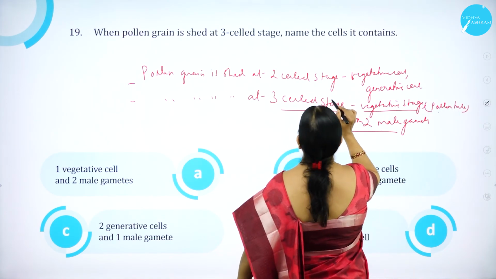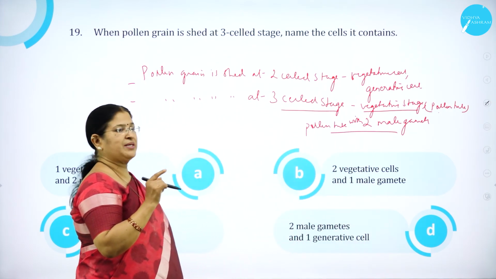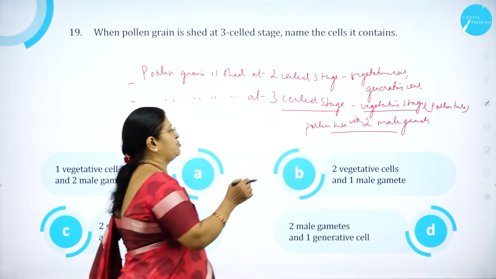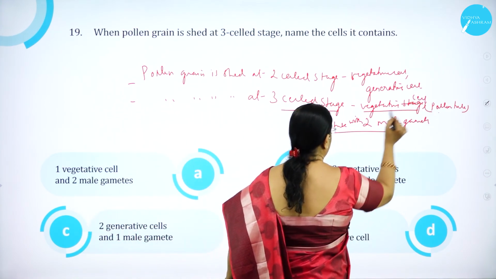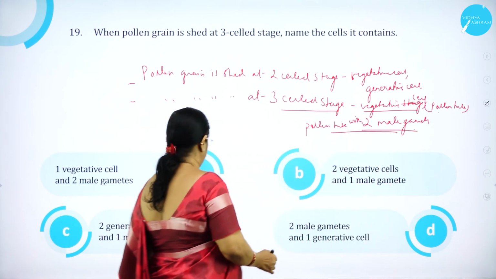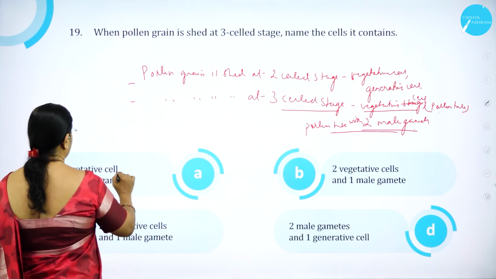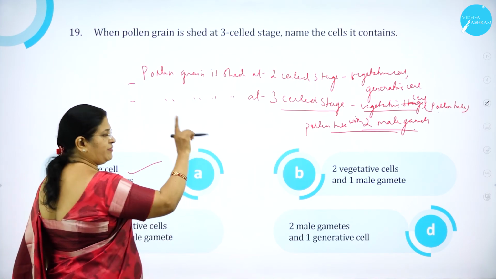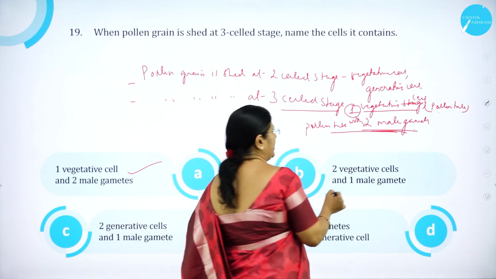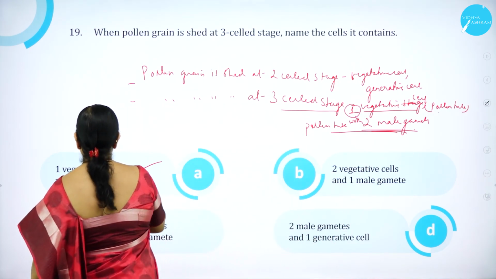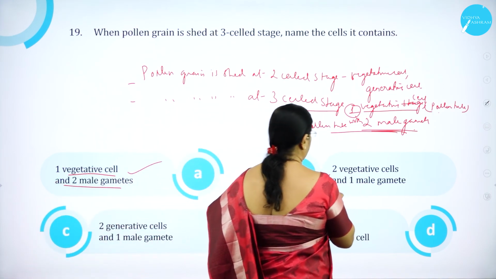So, when pollen grain is shed at 3-cell stage, name the cells it contains. It contains vegetative cell and 2 male gametes. Now, let us see. 1 vegetative cell and 2 male gametes, correct. Here 2 vegetative cells, wrong.